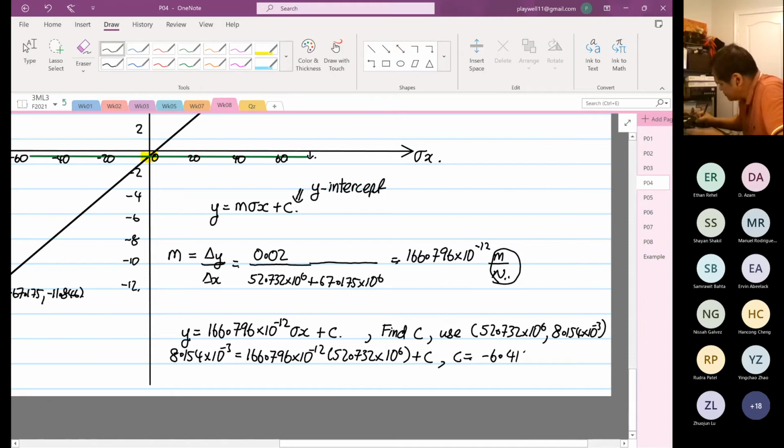Okay, sorry, so 8.154 times 10 to the power minus 3 minus 166.796 times 10 to the power minus 12 times 52.732 times 10 to the power 6 is equal to 0.641 times 10 to the power minus 3 meters.